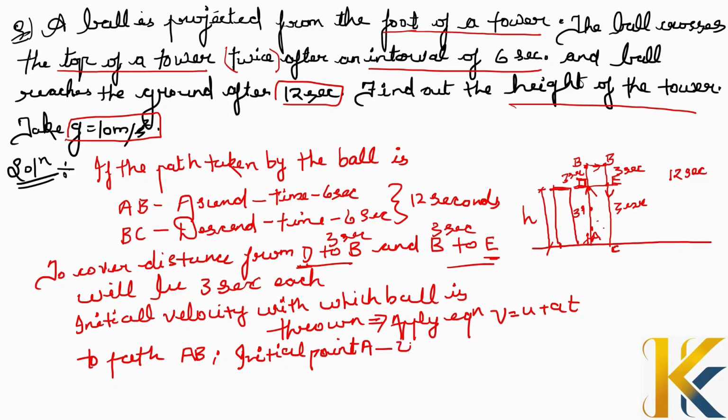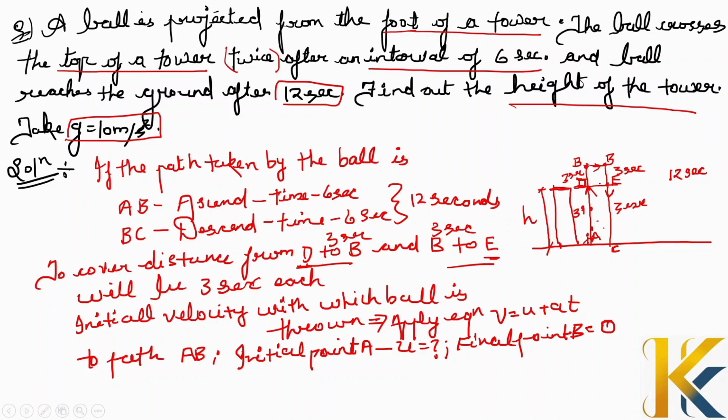The velocity U is not known. It is unknown. We have to find it. And the final point is B. What is the velocity here? It is 0 because the ball will stop here, right?